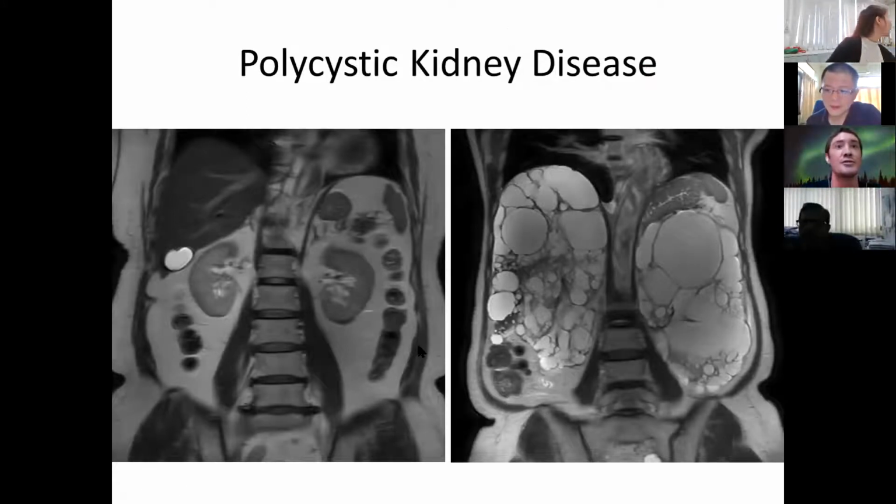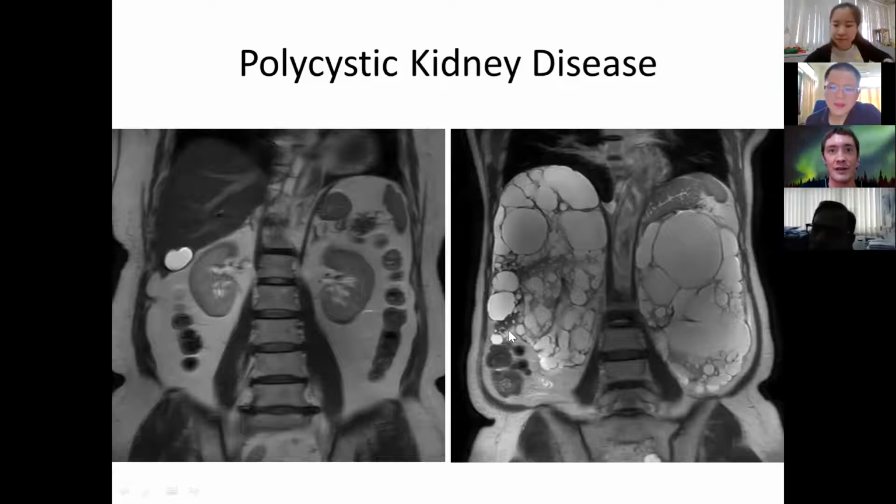You can see the one on the left, the kidneys look fairly normal. There's a small cyst seen in the liver here. But on the right-hand side, there's a severe case of polycystic kidney disease. So believe it or not, this is the kidney tissue here, and the liver also contains many cysts.